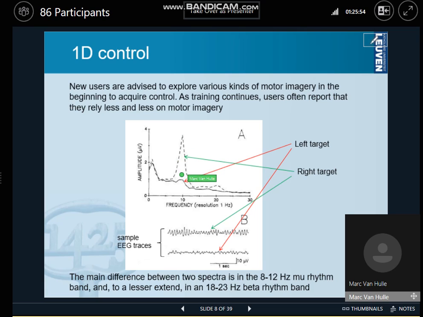Control meaning, in this case, to modulate the power in the mu band and the power in the beta band. If you can make a drop, for example, then maybe that selects the left target. If it goes up, it's maybe the right target. So it's a sort of binary control. On the bottom you see the corresponding traces. Of course, if it's one-dimensional control, you will focus on the most powerful one, which is the mu band.